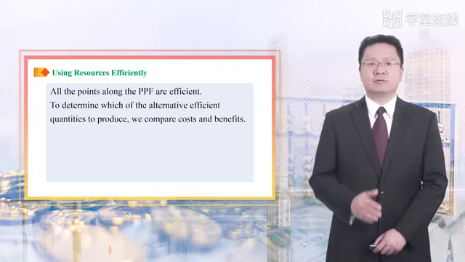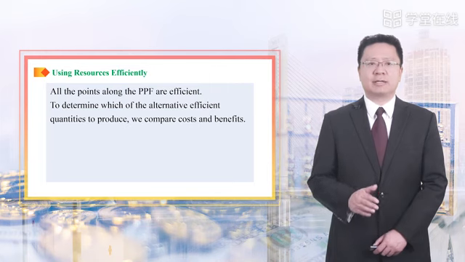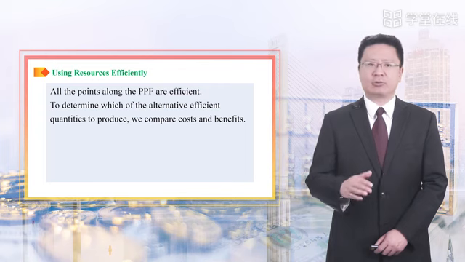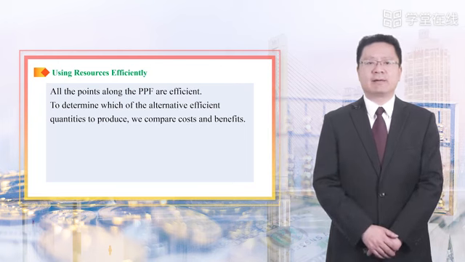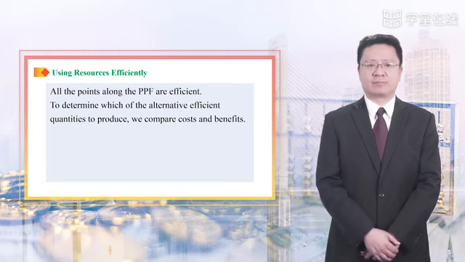When goods and services are produced at the lowest possible cost and in the quantities that provide the greatest possible benefit, we have achieved allocative efficiency. But how do we know which point is the best?